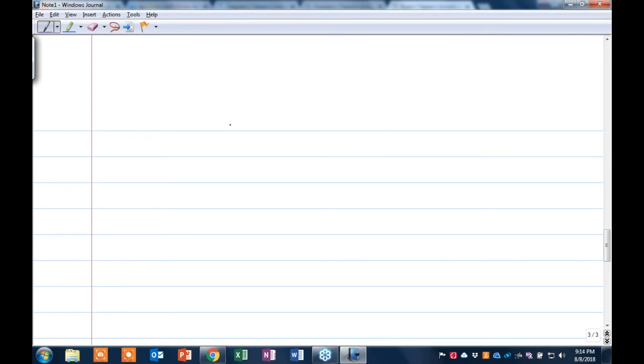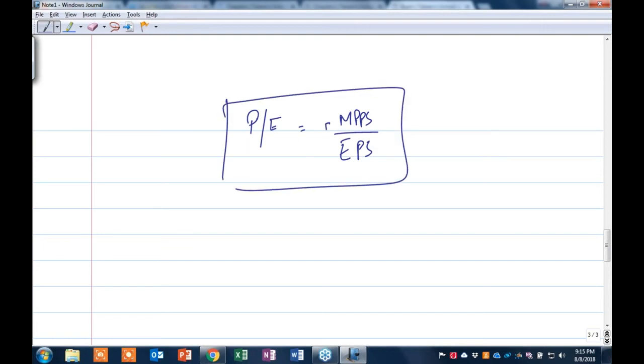So how do we calculate the value of the company? One of the models that we can use will be the price earning ratio, which is price divided by earnings, that is MPPS divided by EPS, the earning per share. It can be on a per share basis or on a total basis. MPPS, the market price per share, divided by the earning per share is the price earning ratio.